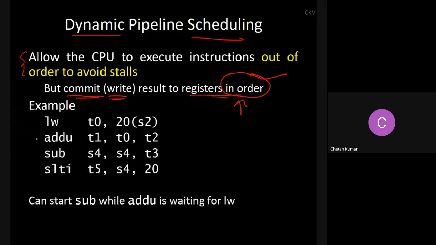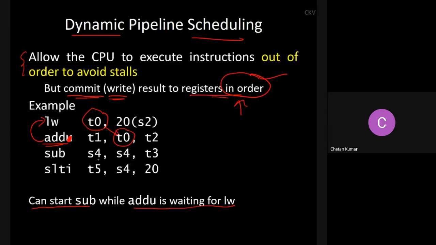So this is again a similar example that we took. You have these instructions to be executed. You have load T0, 20, S2, and add. Again, you can think of it as a simple add instruction. So add T1, T0, T2. Here, can you start the sub instruction while add is waiting for LW? If you see, the T0 value is being used in the next instruction, so that instruction has to wait for the execution of this.